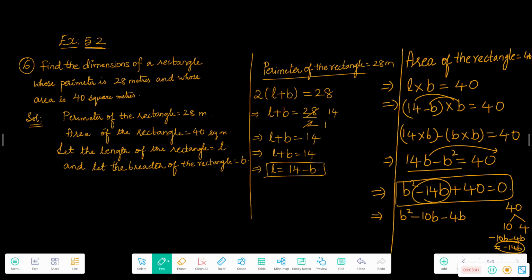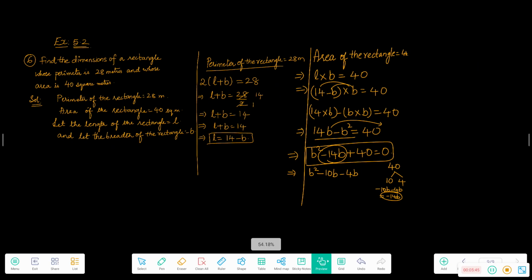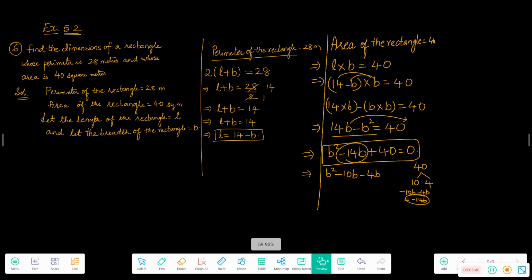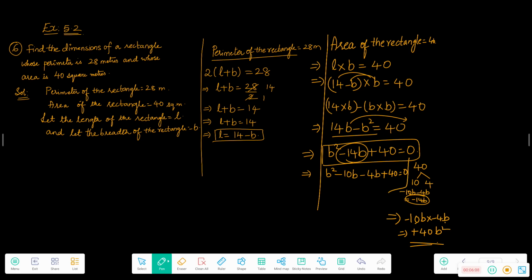That means if you add or subtract, you get the middle term. And minus 10B times minus 4B is plus 40B square.